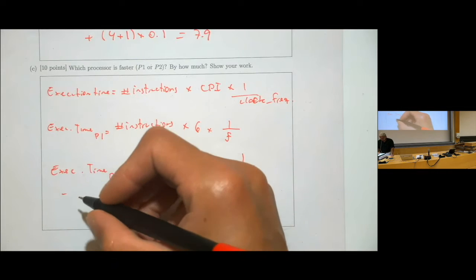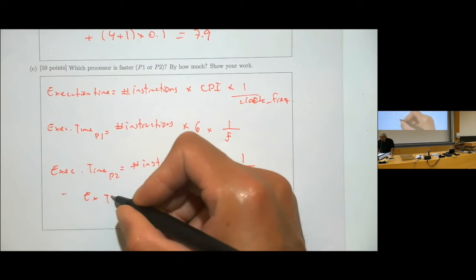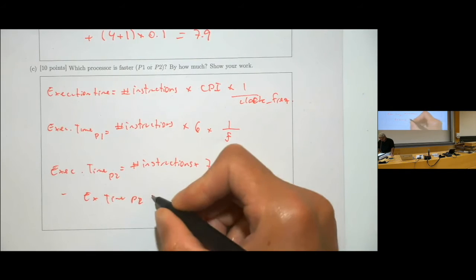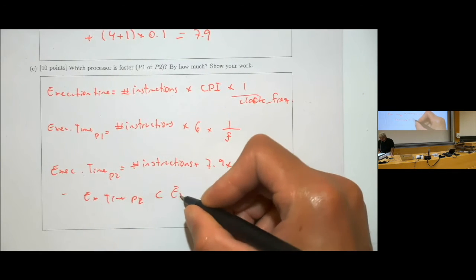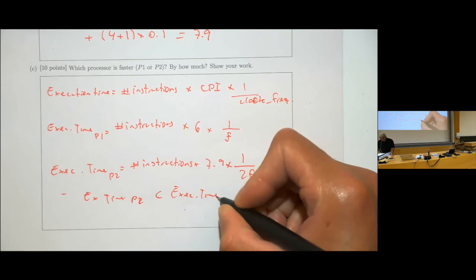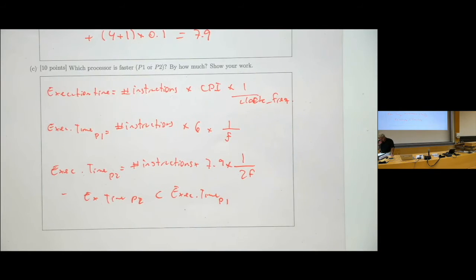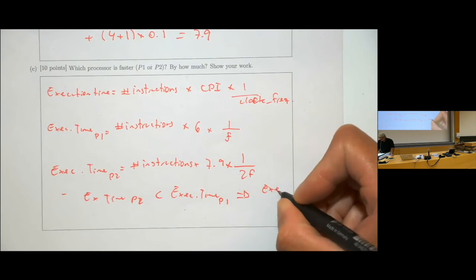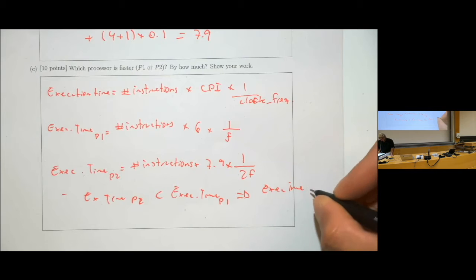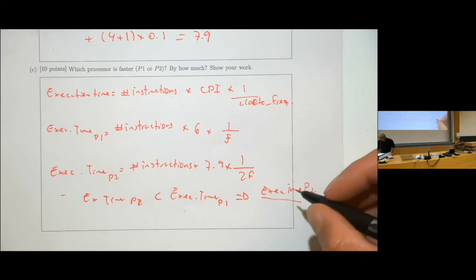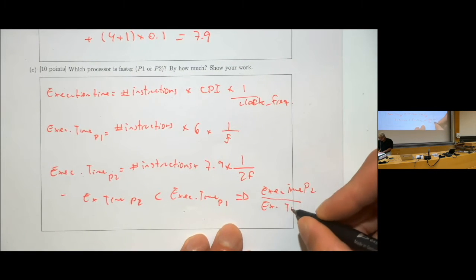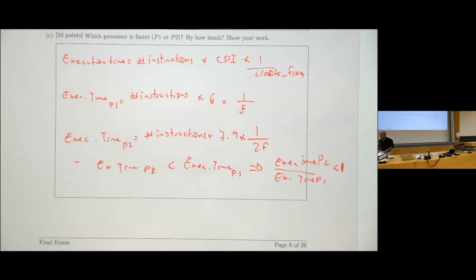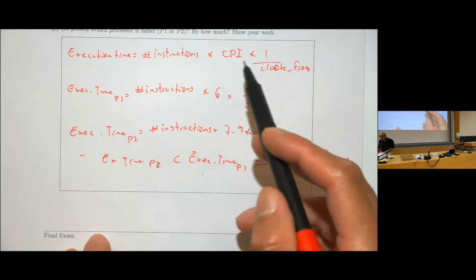So if you assume the execution time of P2 is smaller than the execution time of P1, this means that the execution time of P2 divided by the execution time of P1 is smaller than 1. Then you just verify if the inequality is true or not.